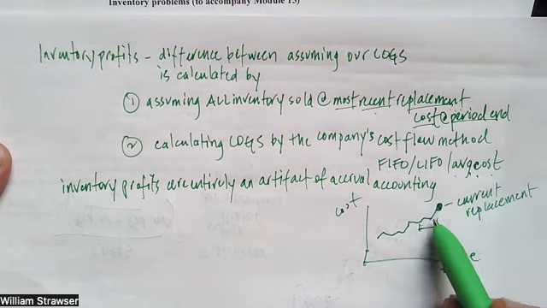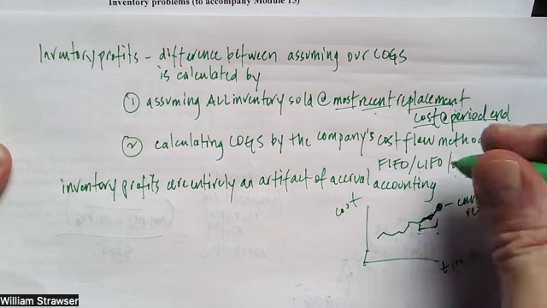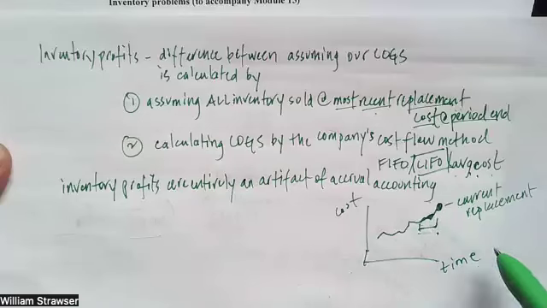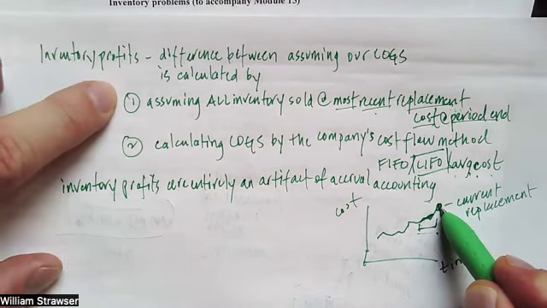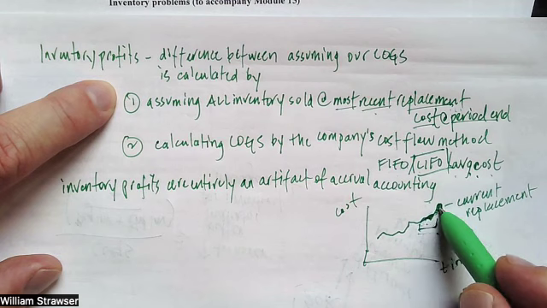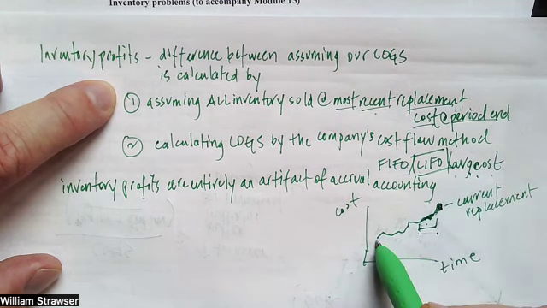Well, LIFO assumes the most recent purchases were sold first, so it tends to have the higher priced items being part of my cost of goods sold, which means LIFO has the lowest inventory profit because we'd be taking this point as number one and subtracting some value along this line that's not too far down. If we're talking FIFO, we're operating all the way over here maybe, right?